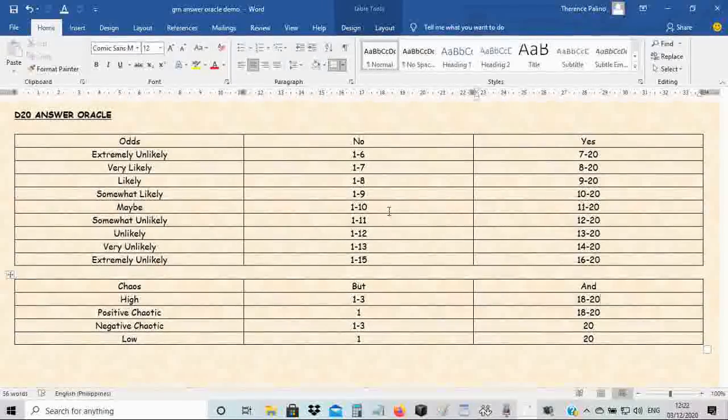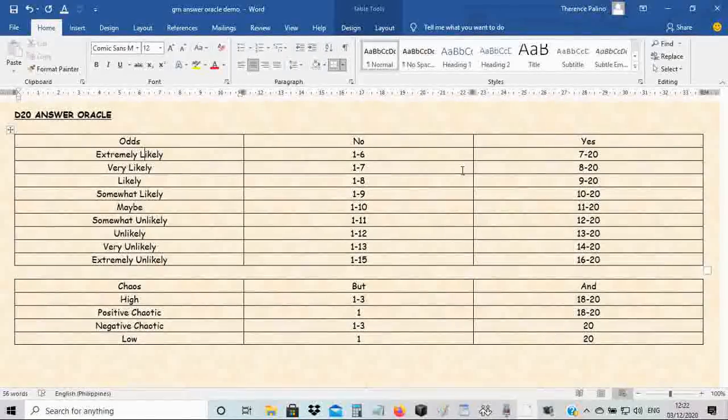Okay. All right. So another thing that I need to tell you guys is this is completely adjustable. This means that you can do this any way you want to. So for example, you want to adjust the likelihood, maybe you want it to be less, so "no" will be 1 to 4, and "yes" will be 5 to 20.